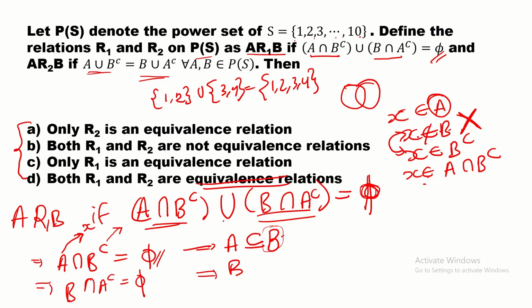Similarly, over here we get B is a subset of or equal to A. Therefore, from both of these, we get that A is equal to B, which means both of these are equal sets.